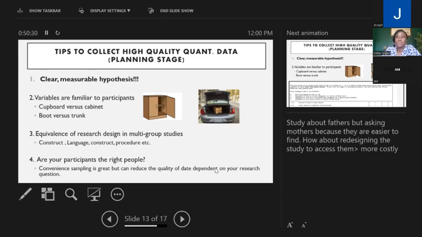If your research question is focused on parents and maybe their relationship with their spouse, yes, we may have access to, for example, college students, right? And so we might want to use college students for it, but we need to be very careful and make sure that the question we are asking is actually for them, right?